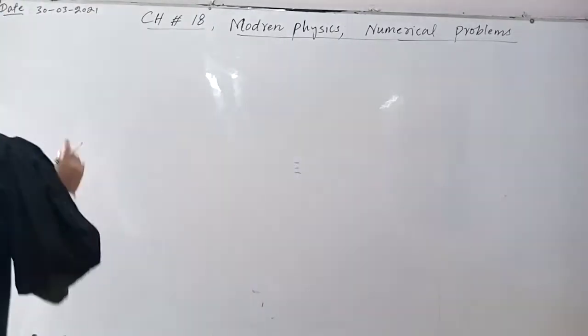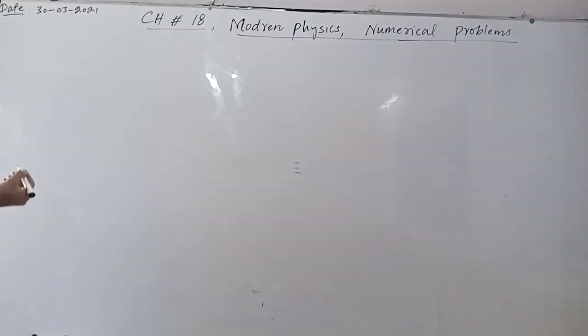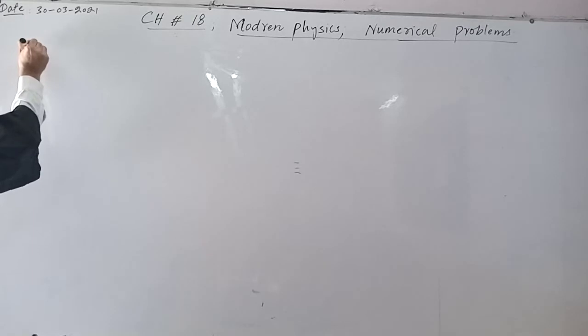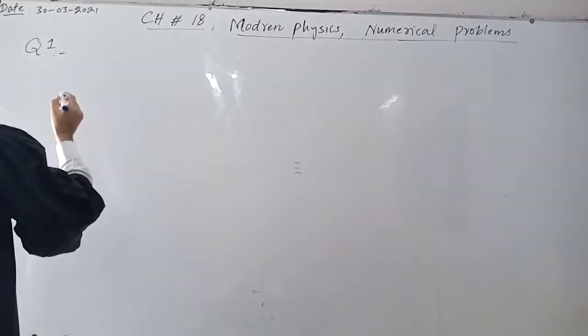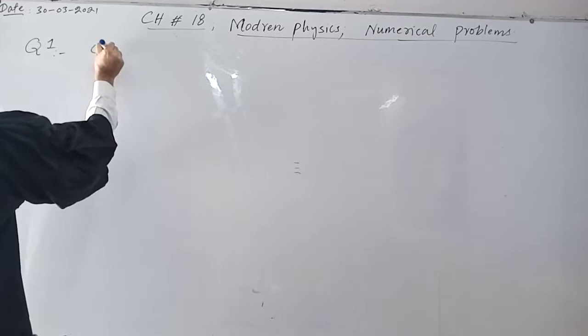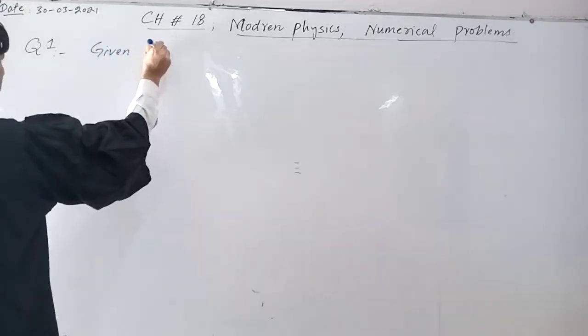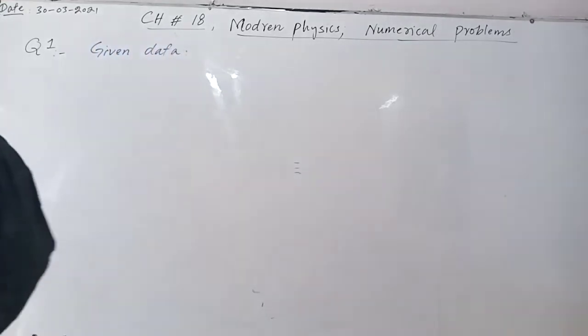So to solve a numerical, very simply, first of all we have to collect the data from the statement. So for numerical number 1, we have to collect the data. Given data is, what is given?